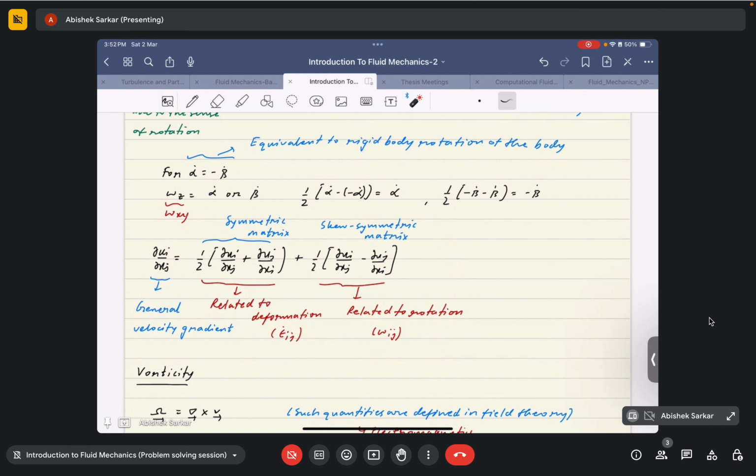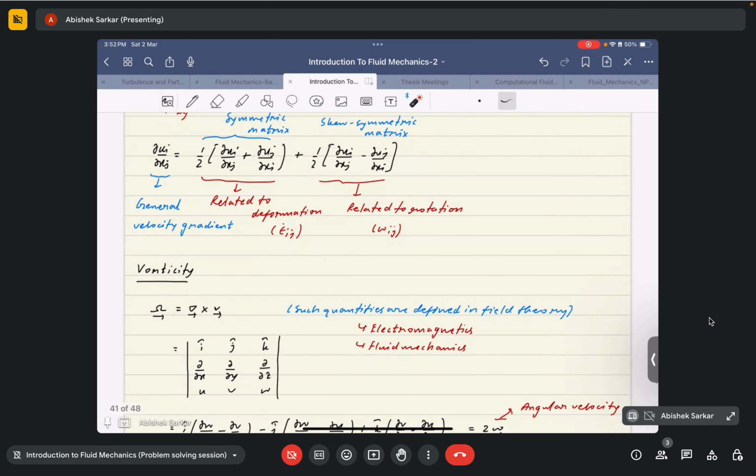It's just simple. These two terms will add up to give you this term, and these two terms will cancel out because of the minus sign. It's just a mathematical manipulation to show how the velocity gradient can be represented as a sum of a symmetric and a skew symmetric matrix.